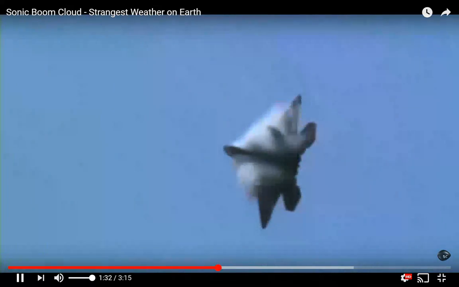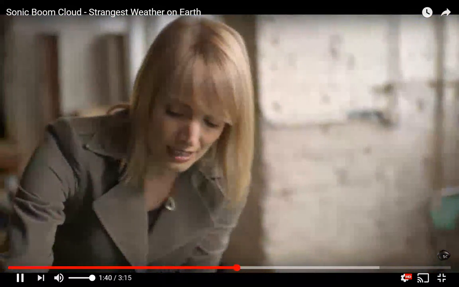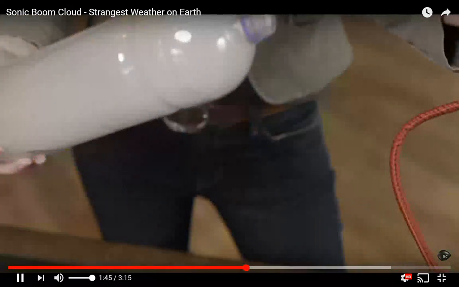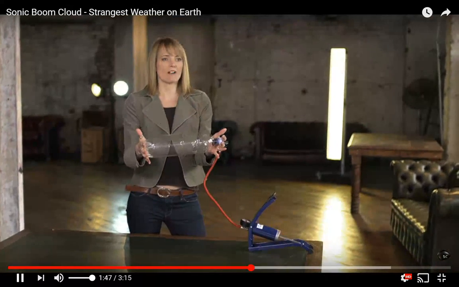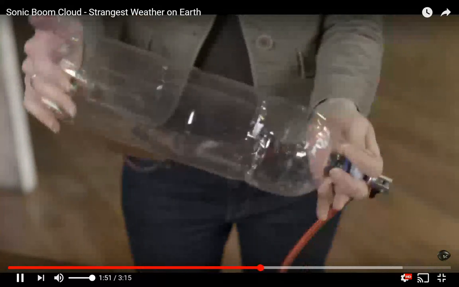It's the sudden change in pressure from high to low that creates this cloud formation. Steph demonstrates exactly how this pressure change works. So we can imagine this to be our atmosphere, and inside we've got some air and we've also got some moisture as well. Now we can pretend that this is our atmosphere around the plane, and we can show that going from high pressure to low pressure creates a sonic boom cloud.